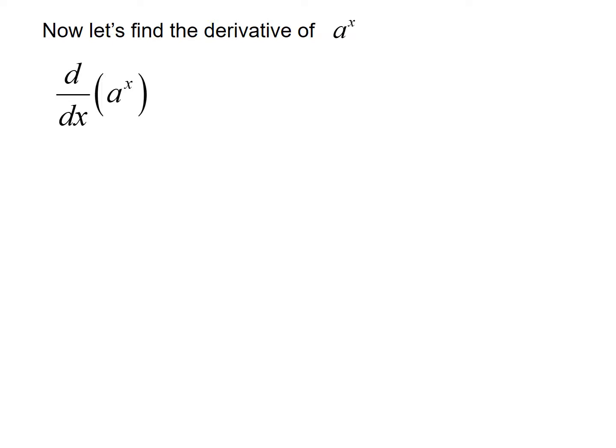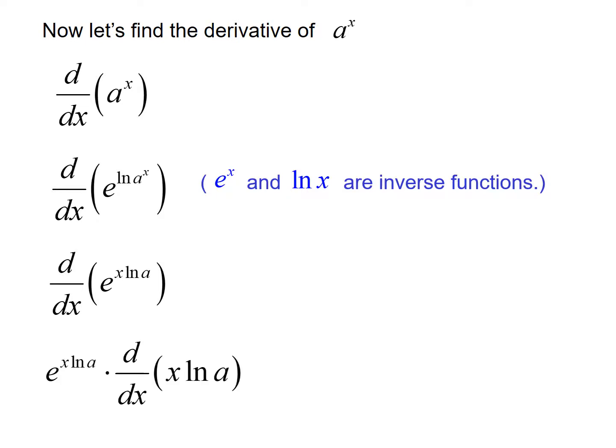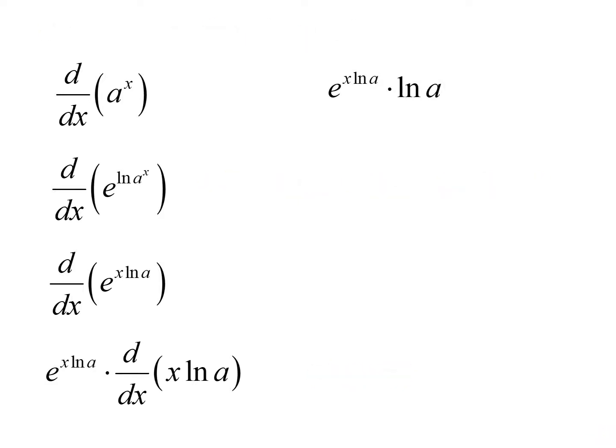Okay, so now let's go ahead and take a look at the derivative of a to the power of x. So a could be any base, not just e. Well, we can write that as e to the natural log of a to the power of x, because e to the x and natural log of x are inverses. And we know that the derivative of e raised to a power returns itself, so that's e to the power of x natural log of a, times the derivative of the inner function, we're using chain rule, and the derivative of x ln a is ln of a because ln of a is a constant.